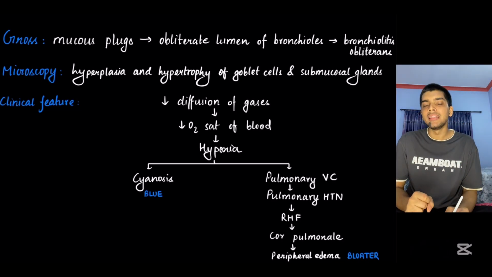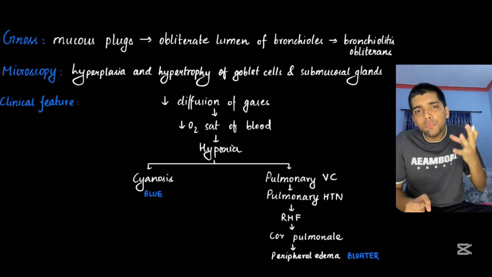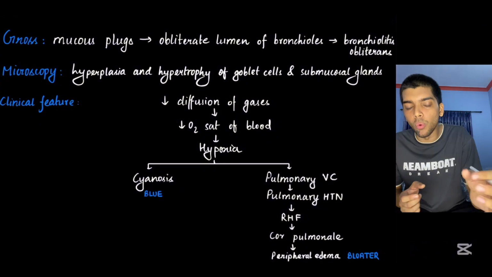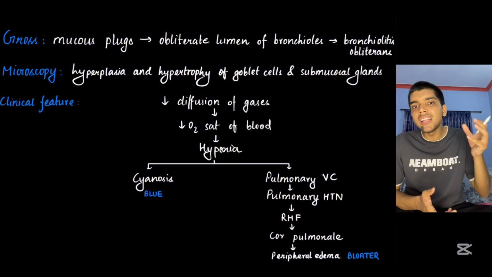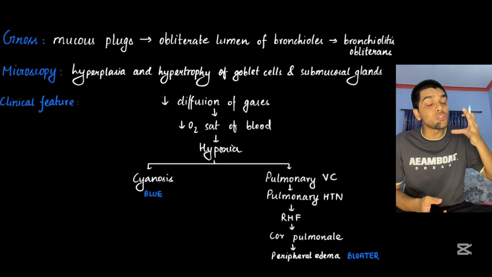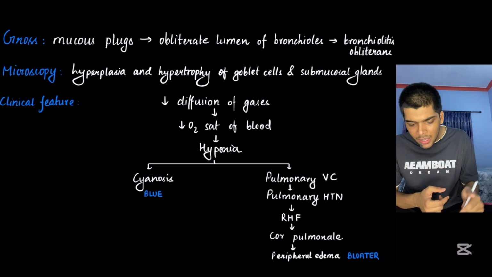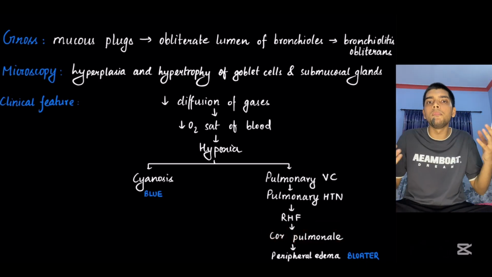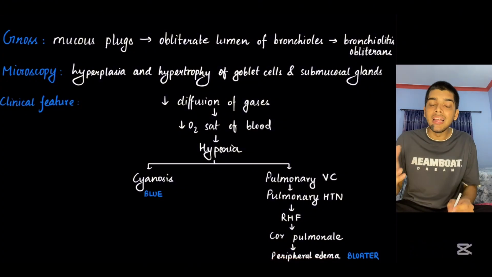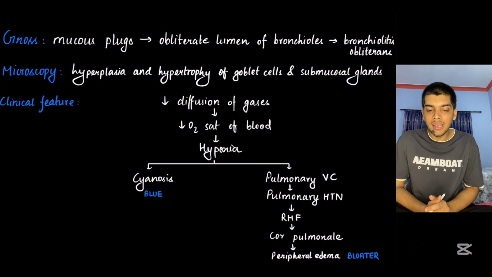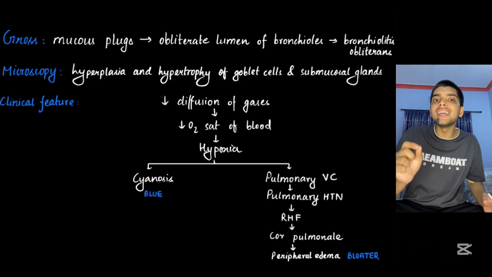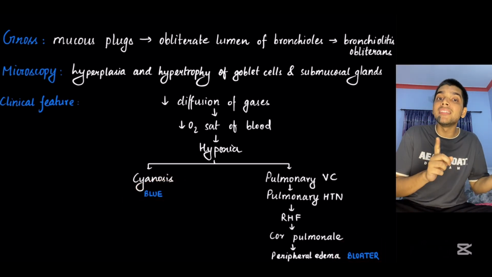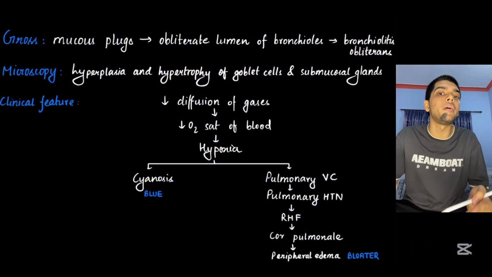Pulmonary hypertension means the right heart has to work harder, and it ultimately fails, leading to right heart failure. Since the right ventricle has to work harder, there is right ventricular hypertrophy called cor pulmonale. Since the right heart is unable to pump the blood, there is accumulation of blood leading to peripheral edema, leading to bloating, so bloater. That is why chronic bronchitis patients are often seen as blue bloaters, and emphysema patients are seen as pink puffers.